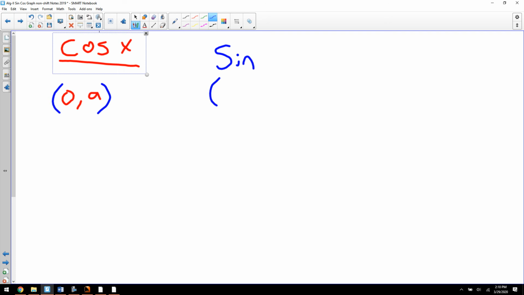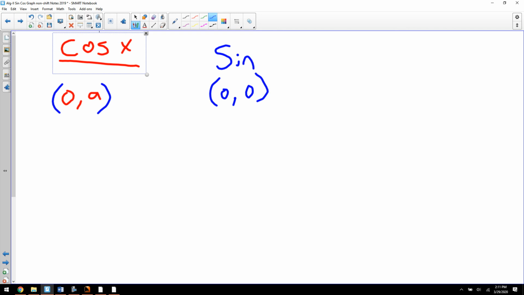When it's a sine graph, it always starts at 0, 0. That's the little trick when you're trying to figure out where to start these things as you go through.